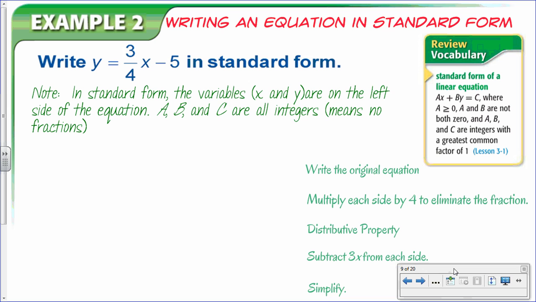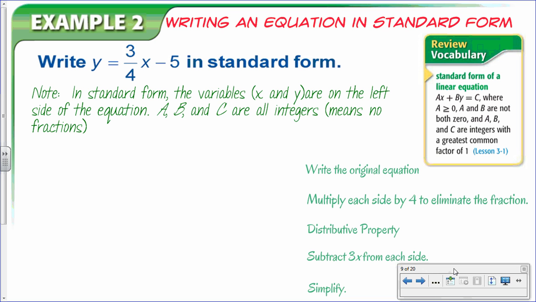It can't be a negative number. Does everybody understand that? Okay, keep that in the back of your mind. Also, A and B cannot be 0 at the same time. Can they? No. What happens if A and B are 0 at the same time? You lose all your variables, don't you? Can't be equal to anything. That makes sense, doesn't it?